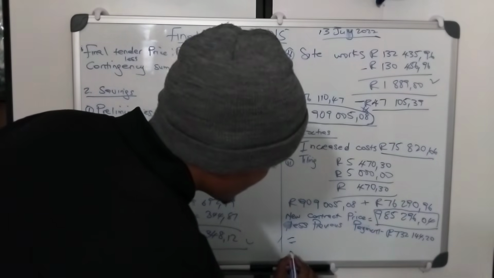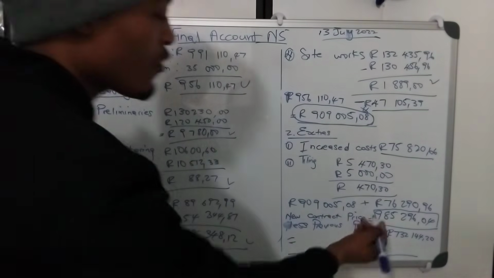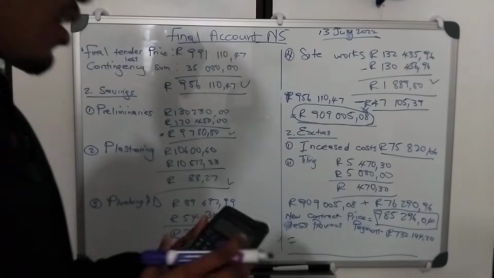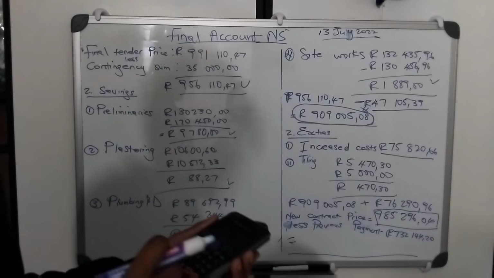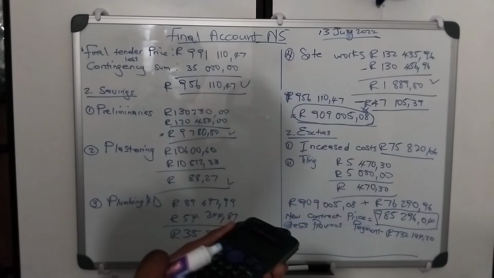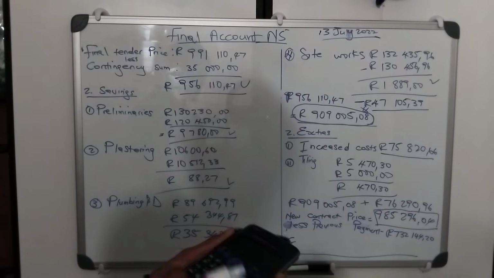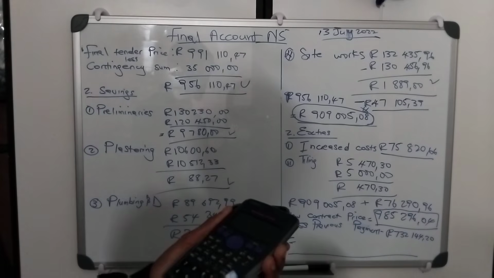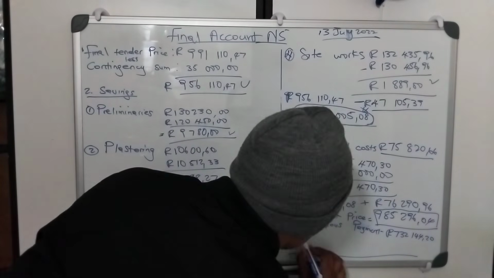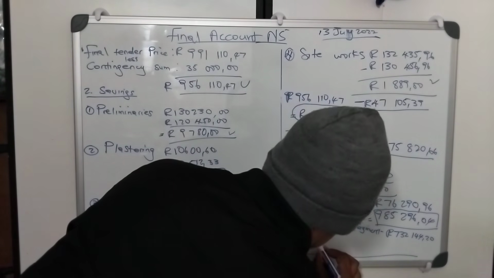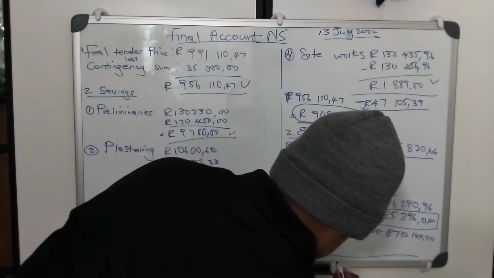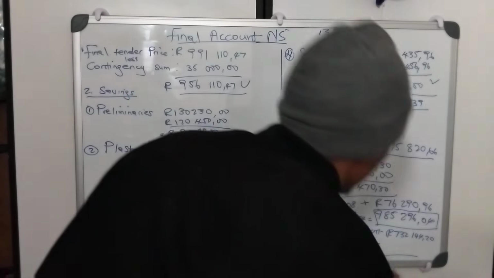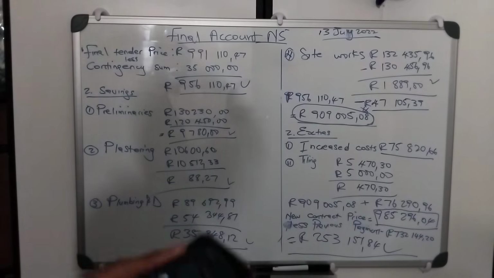I don't have space, sorry, but the final payment to the contractor is gonna be 985,296.4 minus 732,144.20, and then the final payment to the contractor is 253,151.84. That's how you go about a final account.